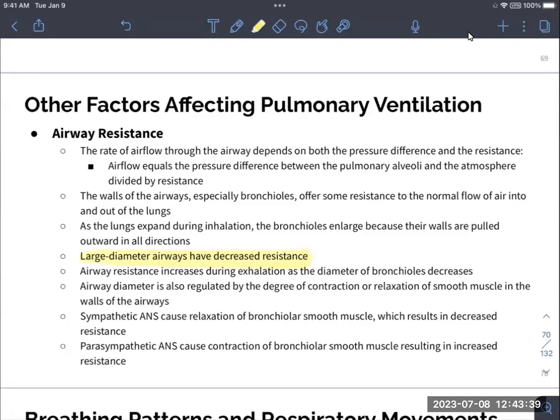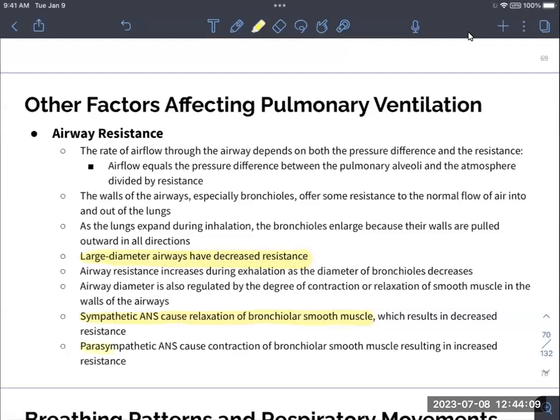So we're going to release more epinephrine and norepinephrine. And what that does is it works as a bronchodilator. That sympathetic autonomic nervous system causes the relaxation, which increases the size of the airway, which will decrease resistance, make those airways larger.